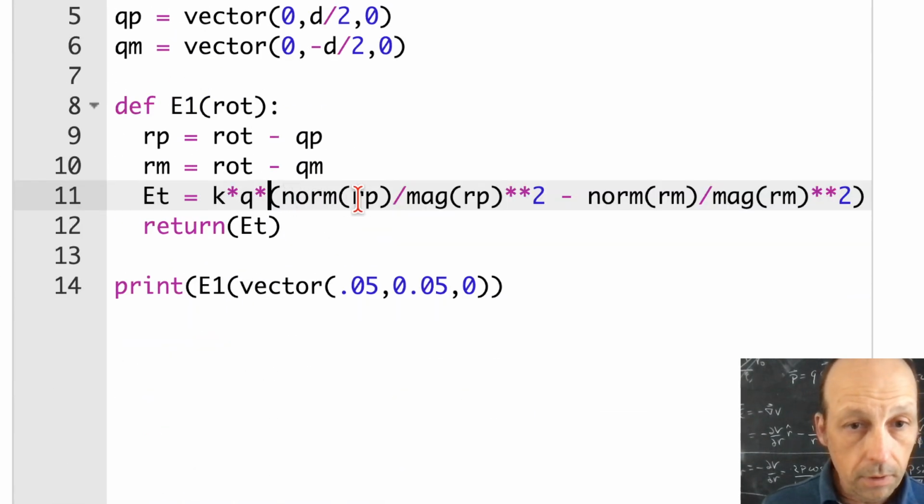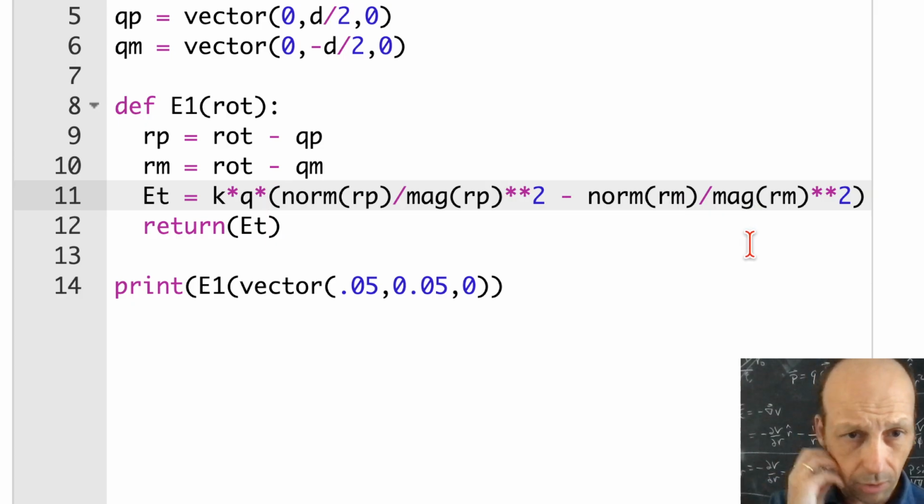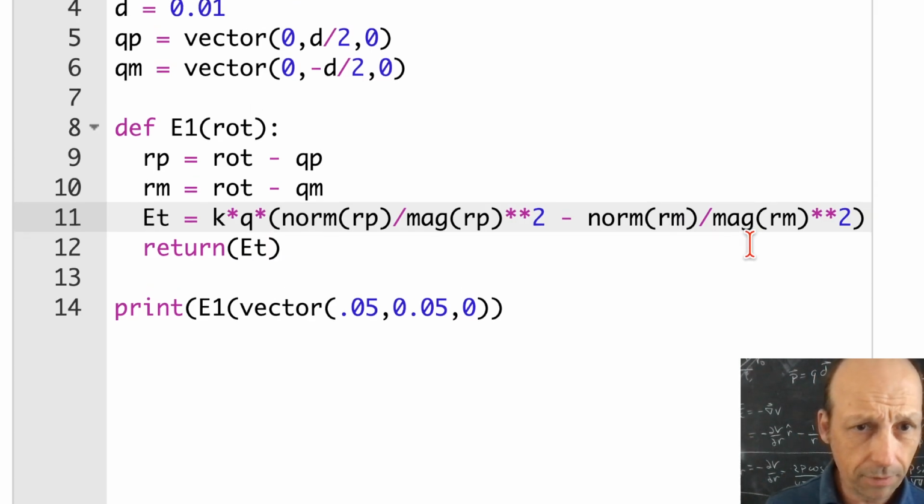Okay, norm that minus norm. I'm not missing a right parenthesis, am I? K times Q times norm RP divided by mag RP squared, that's fine, minus norm RM divided by mag RM quantity squared. Where am I missing the right parenthesis?